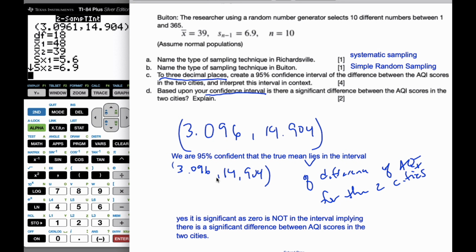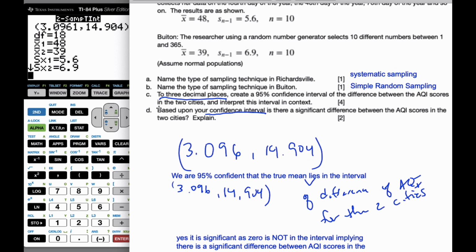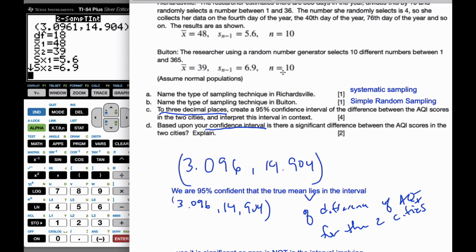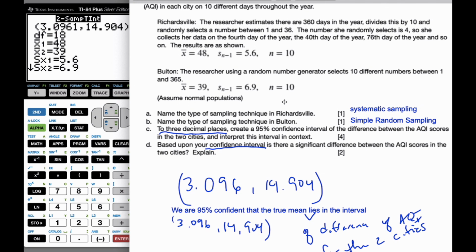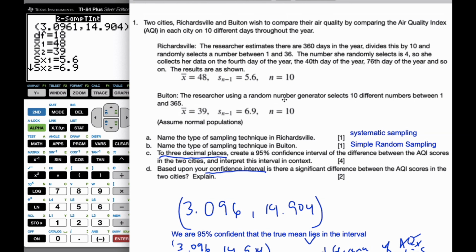But because 0 is not in this interval, we can say there is a significant difference between the two AQI scores of the cities. So using your calculator efficiently, reading through the problem, answering it in context is the path to success in this problem.